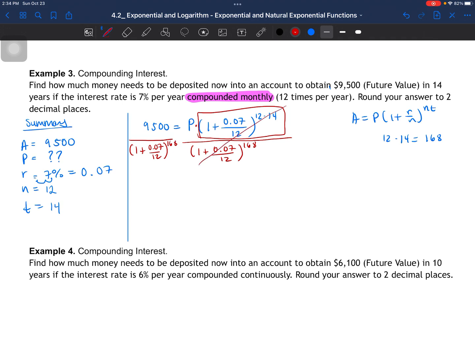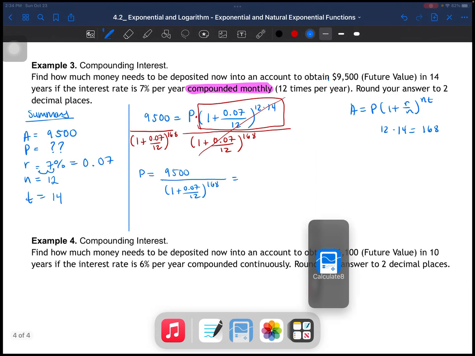Whatever you do to one side, do to the other side, and then you will see why we didn't bother calculating that right here. So what we're left with is P is equal to 9,500 divided by this whole number.